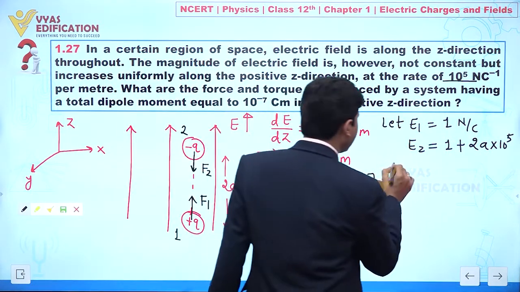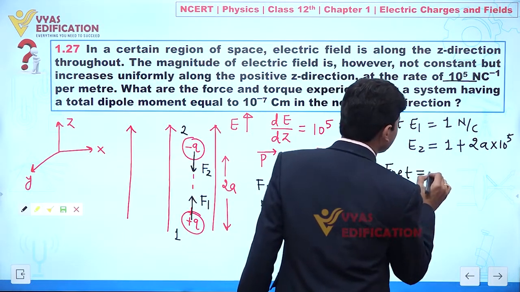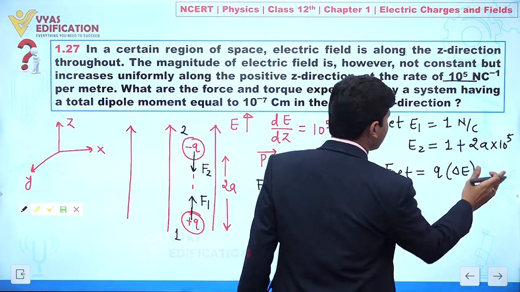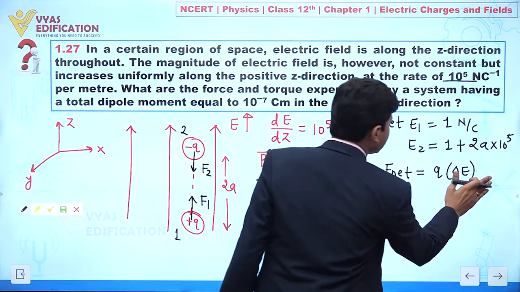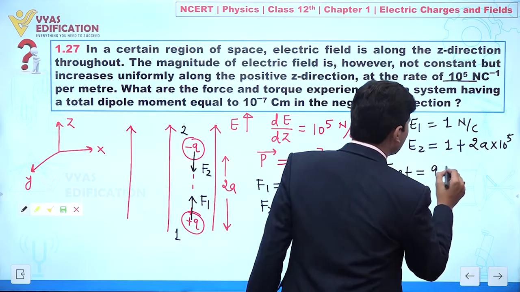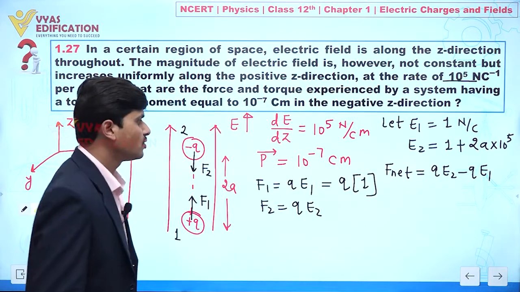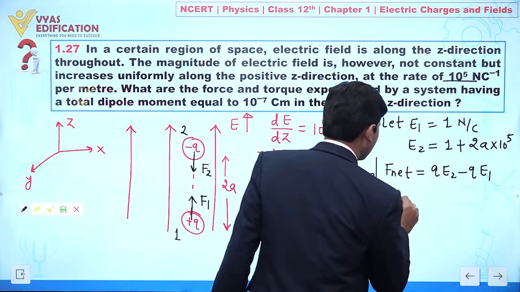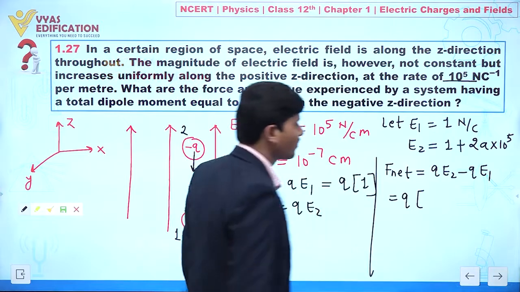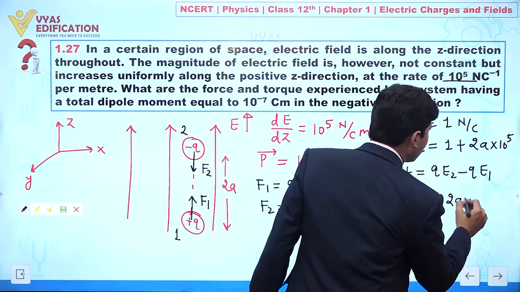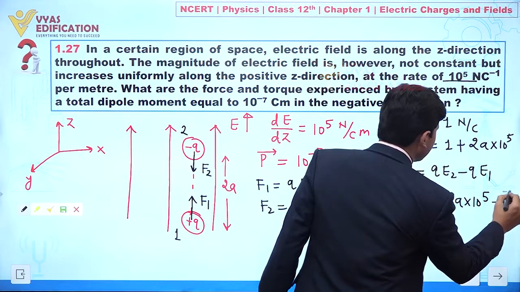Now the net force is Q of delta E, or we can write it as Q E2 minus Q E1. So this equals Q times the value of E2, which is 1 plus 2a into 10 to the power 5, minus 1.